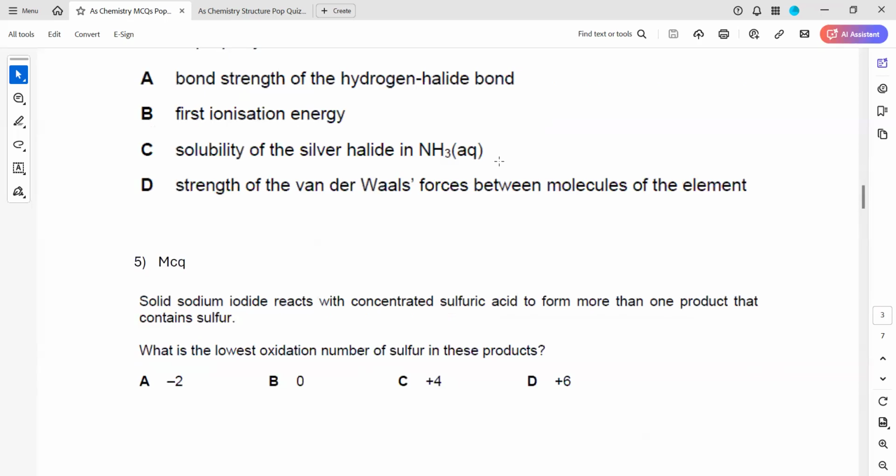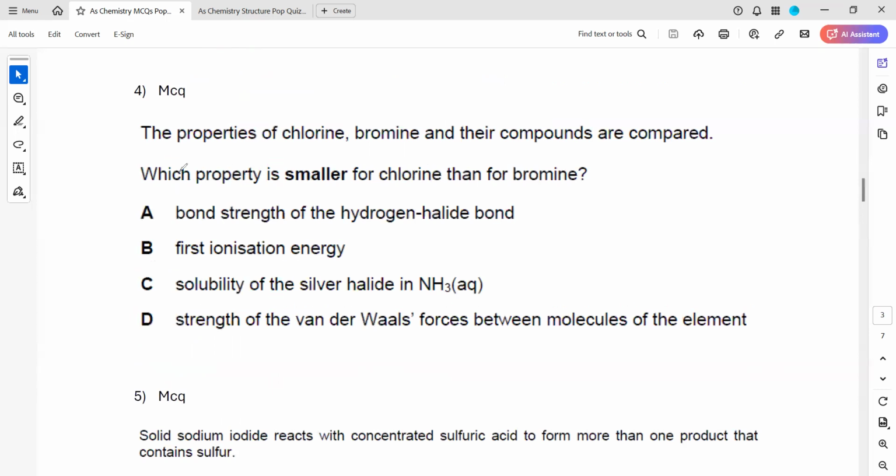In question 4, the properties of chlorine, bromine, and their compounds are compared. So, which property is smaller for chlorine than for bromine? The bond strength for a hydrogen halide. For example, if we compare the bond strength of hydrogen with chlorine and hydrogen with bromine. As we know, as we go down, the bond strength decreases, it becomes easy to break the bond.